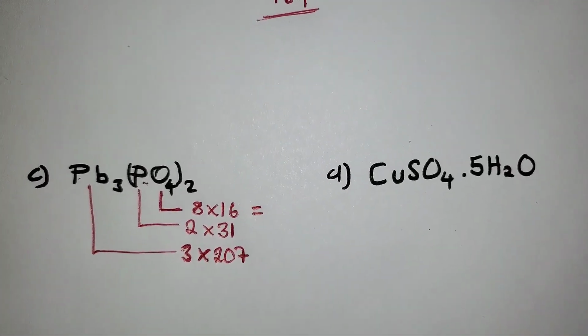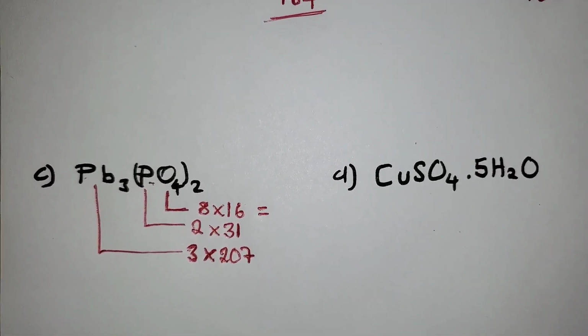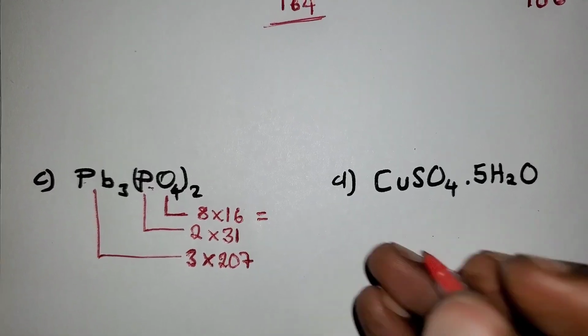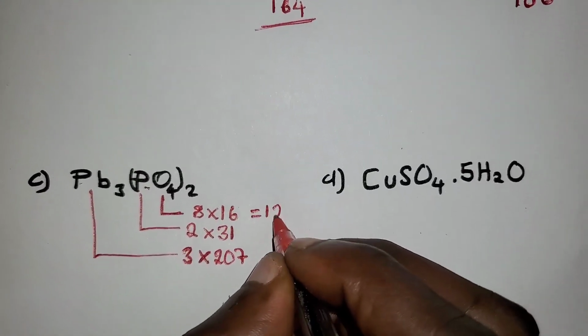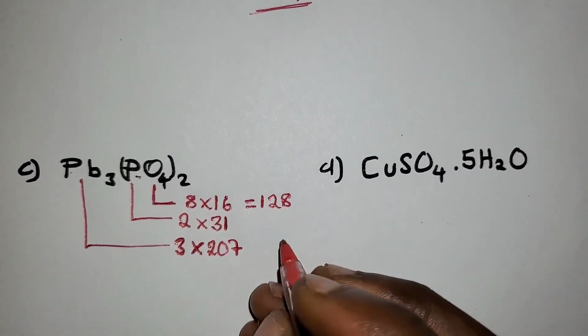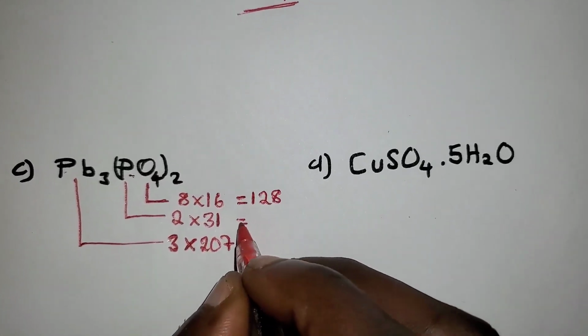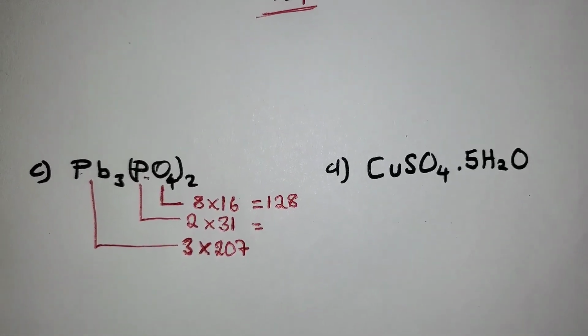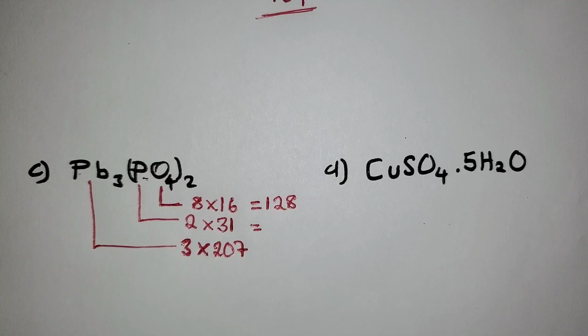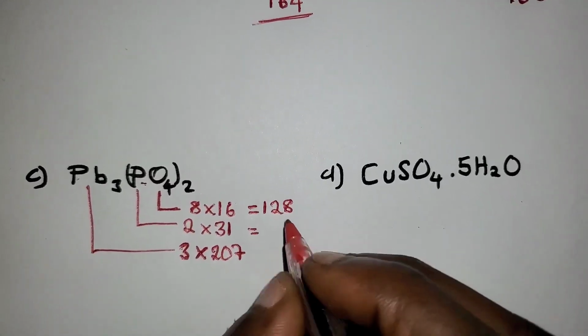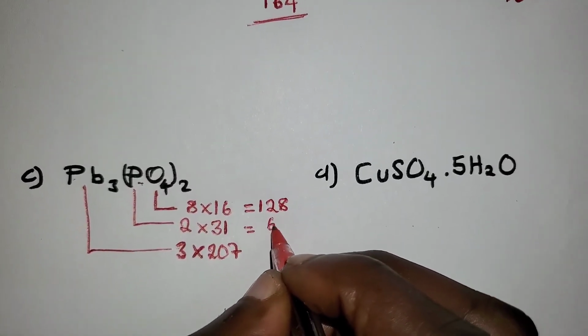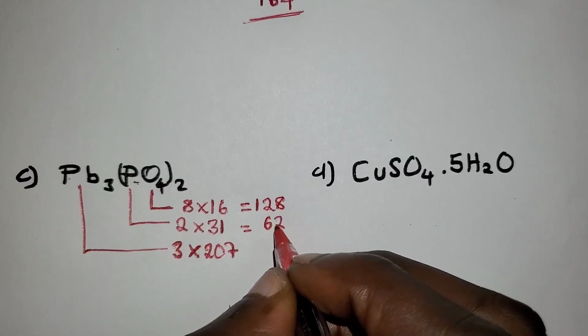So when you multiply 8 by 16, we're going to have 128. Then 2 times 31 is 62.